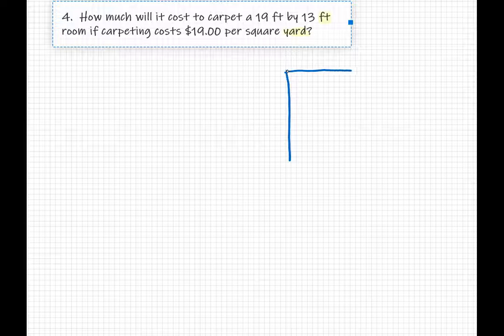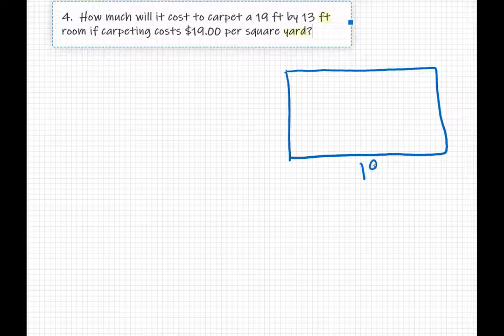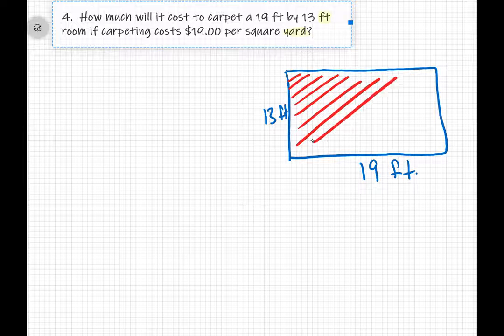Okay, so let's draw a room approximately, let's say 19 feet on this side and 13 feet on this side. Now, carpeting covers the entire floor. So we're talking about, in this case, covering the entire floor with carpeting. So we're talking about area.